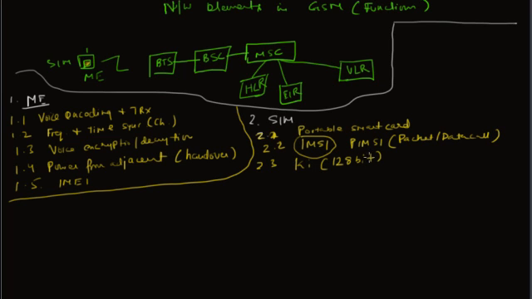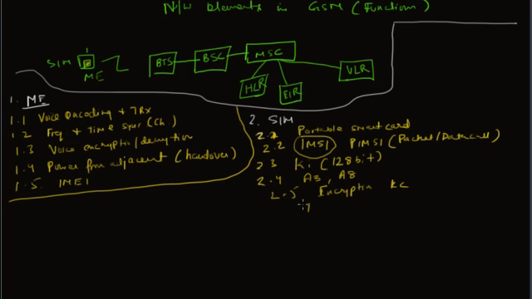This is required for authentication of the mobile by the network. It stores the authentication algorithm A3 and the ciphering algorithm A8. It also stores the encryption key, which is the KC.